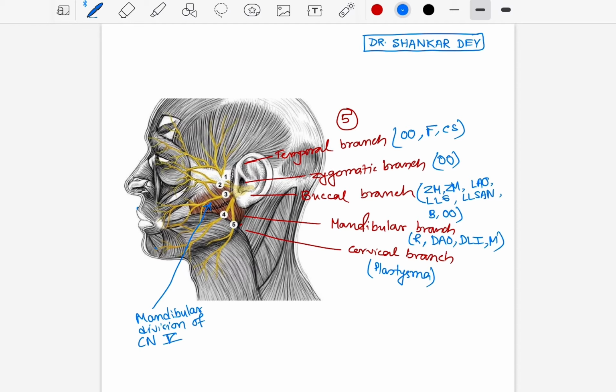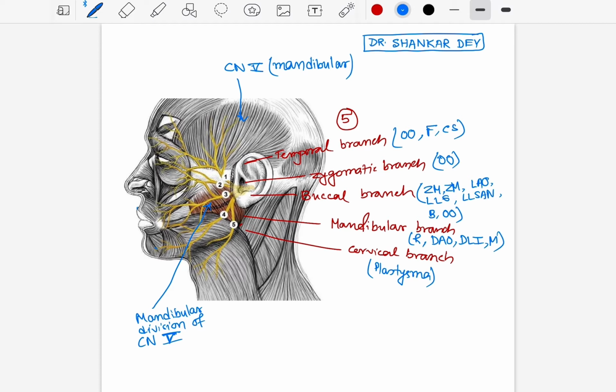Temporalis, also a muscle of mastication, is also supplied by cranial nerve 5, the same mandibular division, same as masseter muscle. So these are the nerve supplies of facial muscles.